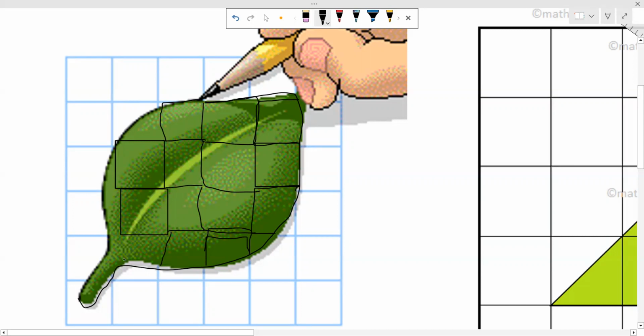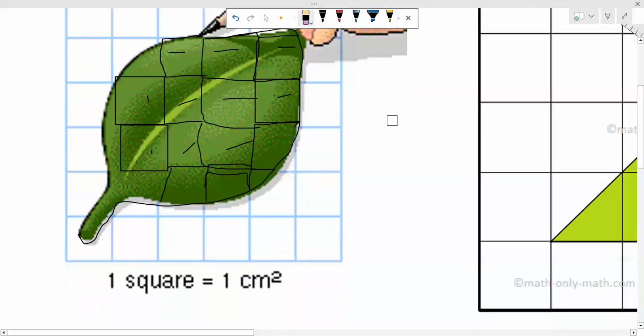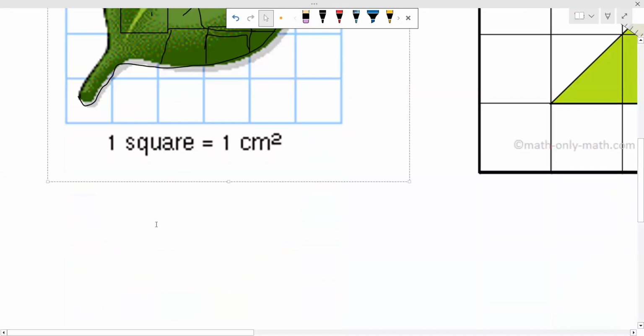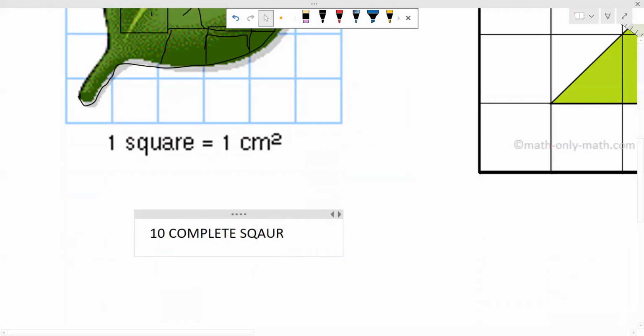So how many complete squares? 1, 2, 3, 4, 5, 6, 7, 8, 9, 10. There are 10 complete squares in this figure.